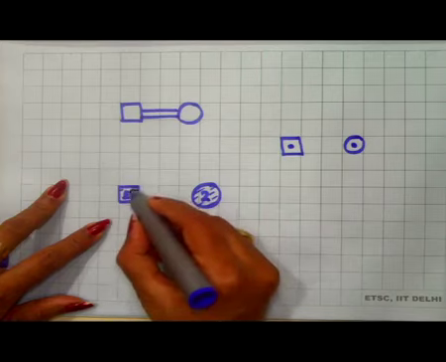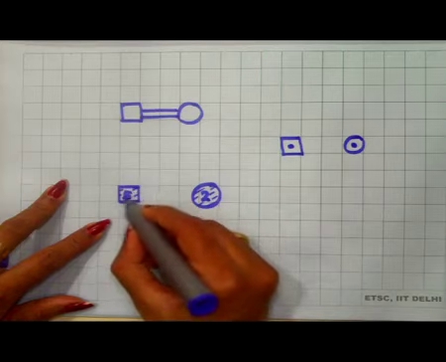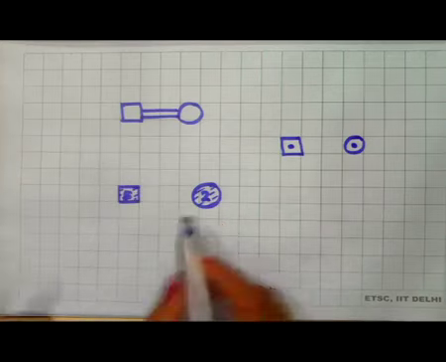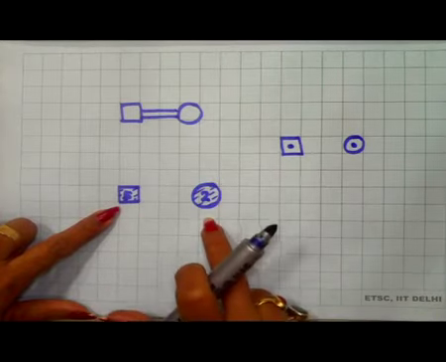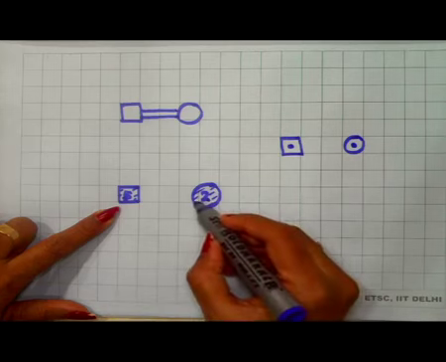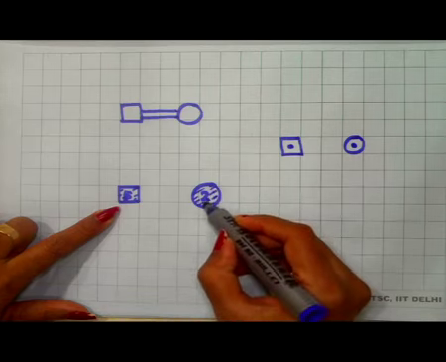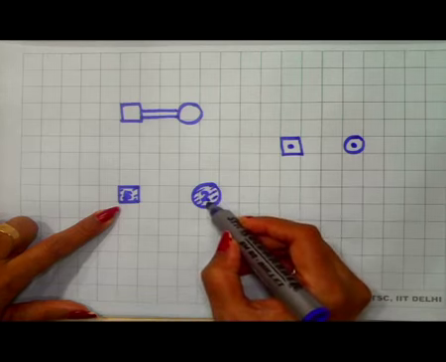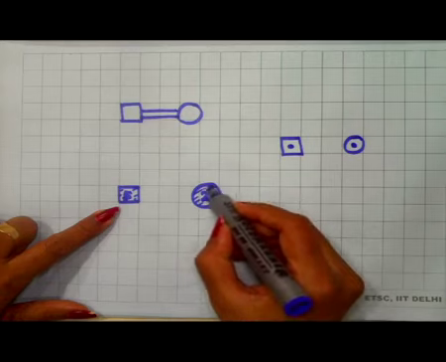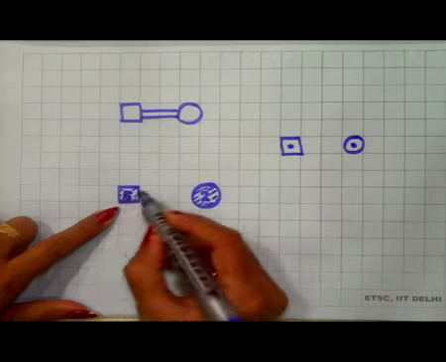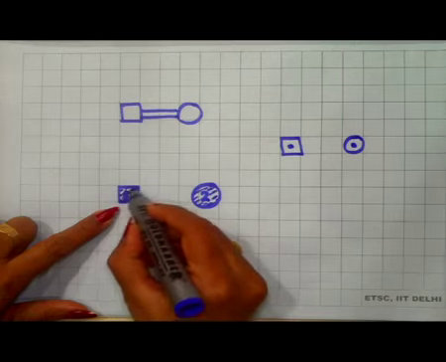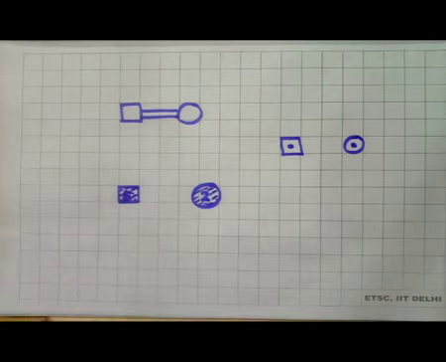There is one more point. Suppose this is a shaded one, that means an affected individual, and here it is written 2 at its center. It means 2 individuals are affected, and here it is written 5. It means 5 individuals are affected.